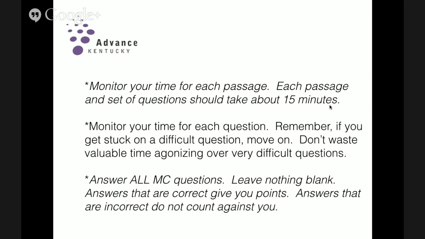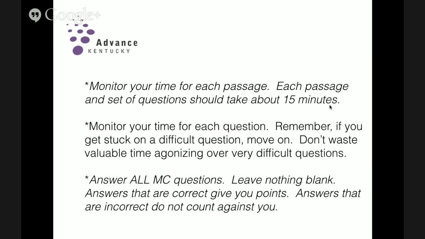So don't spend 3 or 4 minutes on one of those questions. If it's super hard and you can't even get rid of 2 of the answers, move on and save that to go back at the end to fill in.